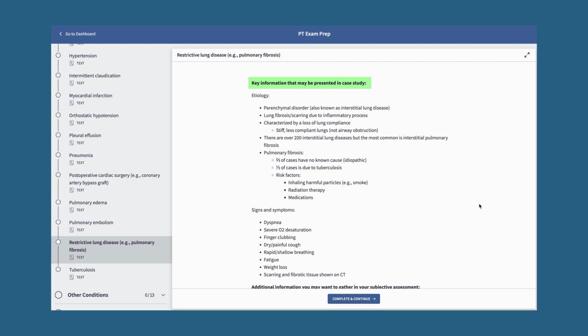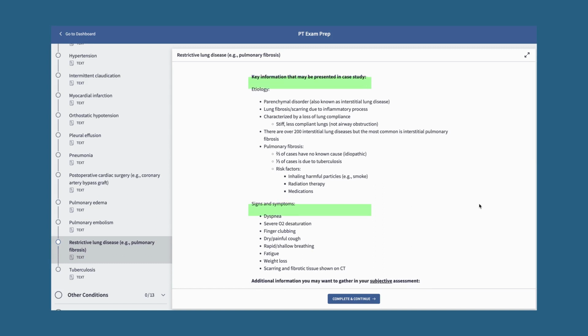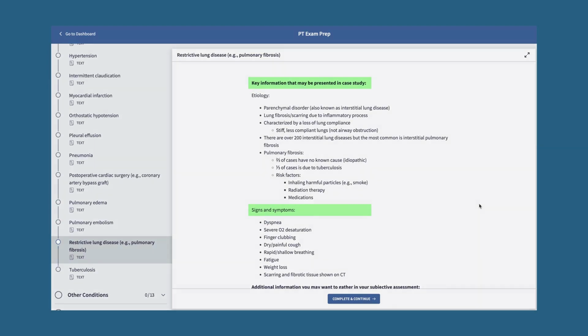Risk factors include inhaling harmful particles, radiation therapy, and certain medications. Signs and symptoms include dyspnea, severe O2 desaturation, finger clubbing, dry, painful cough, rapid shallow breathing, fatigue, weight loss, and scarring and fibrotic tissue shown on CT.